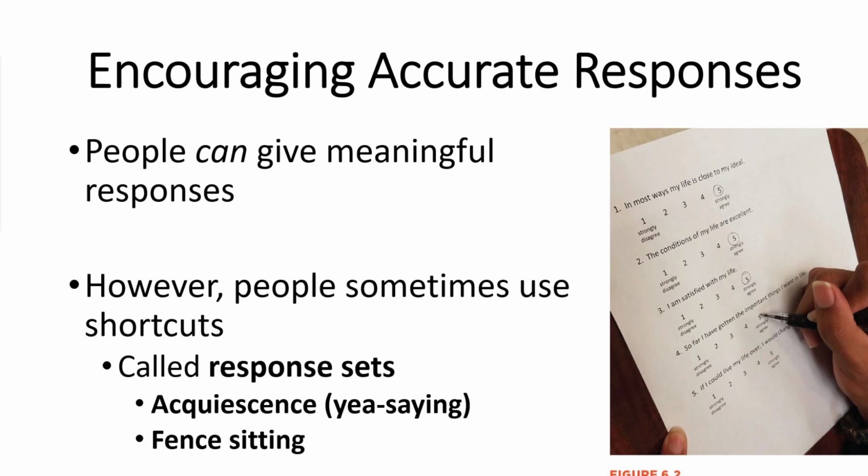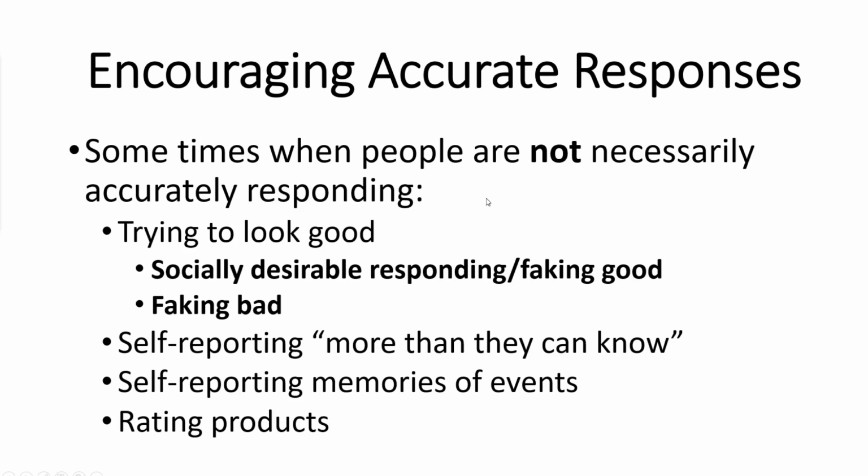That neutral response isn't necessarily an accurate representation of what they really think, but they're picking that safe option so that they don't have to make a problematic choice. So lots of problems with potential responses and other ways that people can bias their answering. And we can actually look at, so we have those response sets, or choosing not to give a response. You can also have people who choose a response because they want to look a certain way.